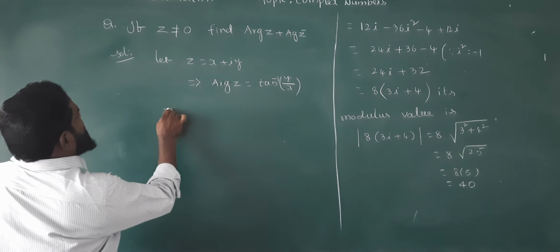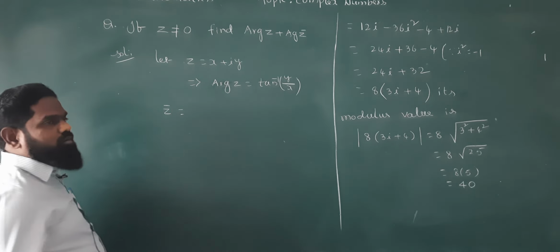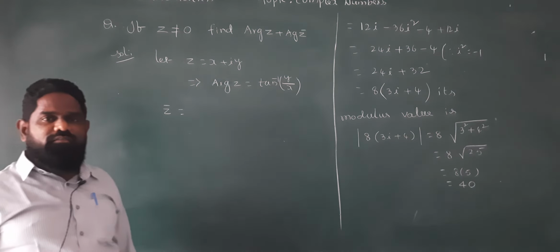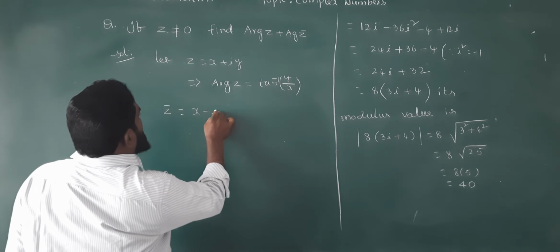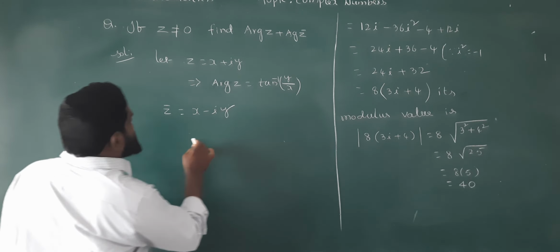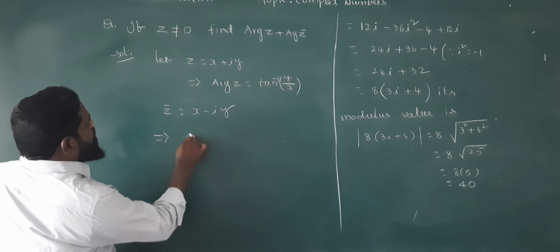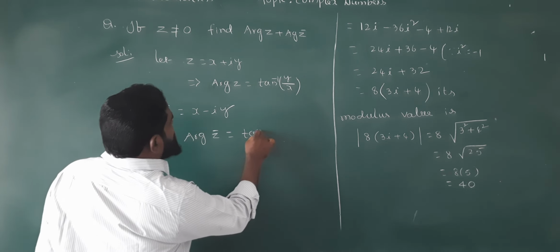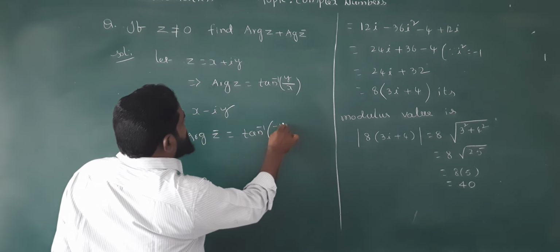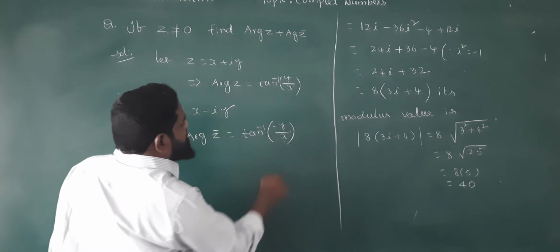Now next, z bar equals, how do we get the conjugate? Wherever i is there, replace it by minus i: x minus iy. Argument z bar equals tan inverse of minus y by x.